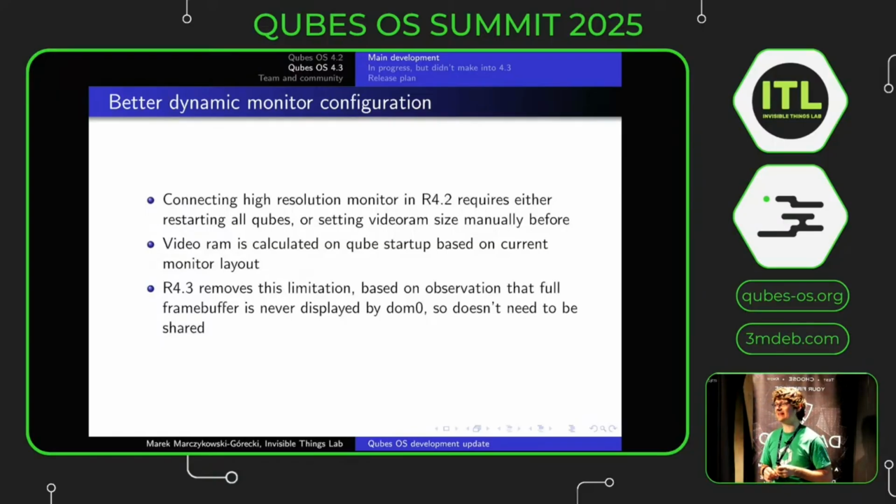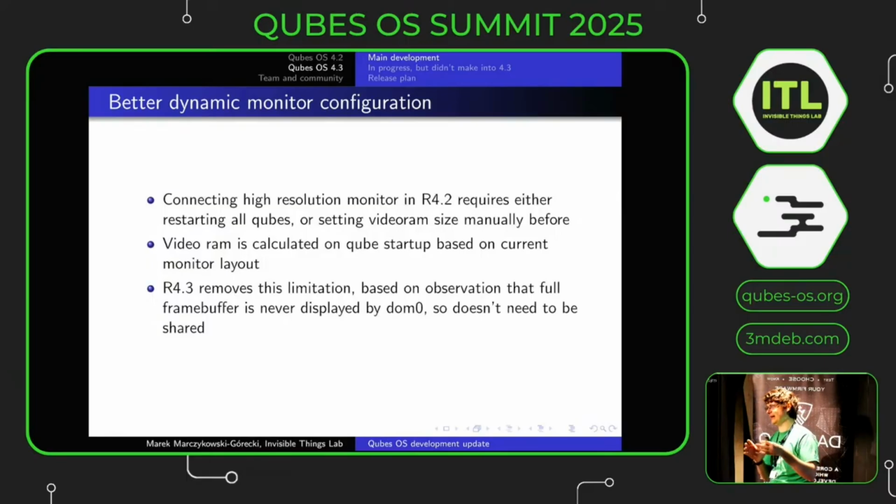The issue is that it used to be that video RAM needs to be configured at the start of the X server and cannot be changed later. So if you need more space and more memory for a larger screen, it's not there. By default, we reserve some extra for, I think, up to one extra full HD output.